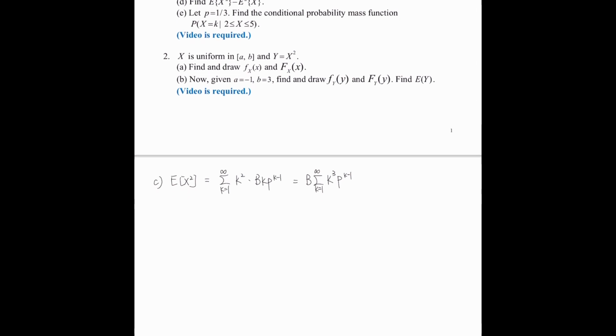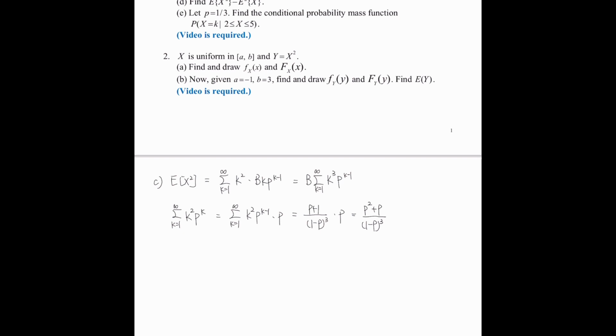We can use the same way as question B. The sum from k equals 1 to infinity of k squared times p to the k equals the sum of k squared times p to the k minus 1 times p, which equals p plus 1 over 1 minus p cubed times p, which equals p squared plus p over 1 minus p cubed.